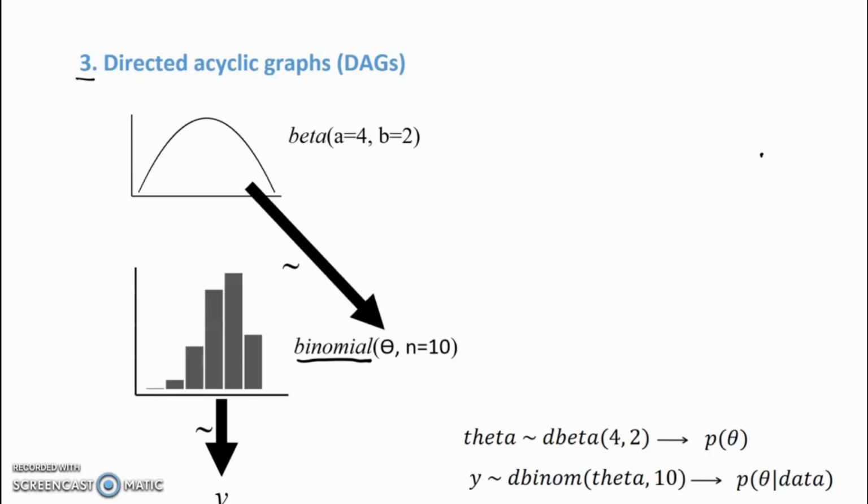So the third thing I want to talk about are directed acyclic graphs, or DAGs. And here we have an example of a DAG, and it's obviously a graph. It's directed, and it's got an arrow here and an arrow here, and it's acyclic because there are no cycles, there are no feedback loops.